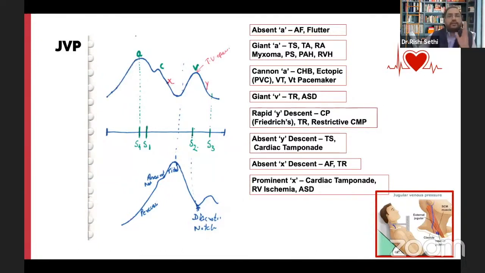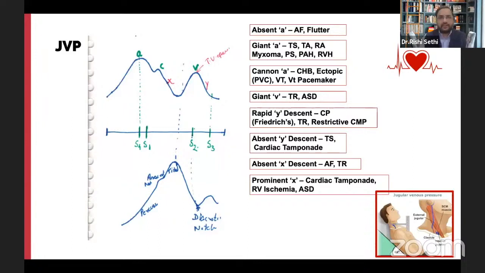In normal JVP, the X descent is more prominent than the Y descent, and the A wave is more prominent than the V wave. So whenever the JVP is normal in your DM examination, you just don't say JVP is normal and get away with it. Of course, most of the students try to avoid JVP and move forward. But even if you are trying to describe a normal JVP, you may say that JVP is normal in height and waveform and has normal respiratory variation.